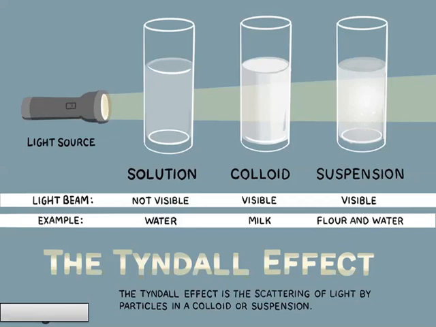It is visible in colloid with a scattering effect. It is also visible in suspensions but without any scattering effect. This scattering of light by particles of colloid and also sometimes by suspensions is known as Tyndall effect.